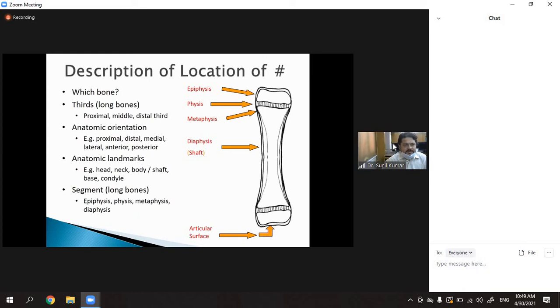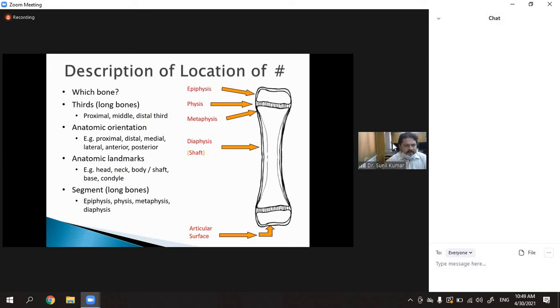First, which bone is involved: humerus, radius, ulna, femur, or tibia. Then which part of the bone, whether proximal third, middle third, or distal third. Proximal is the upper portion, middle the diaphyseal portion, and distal the lower third. And then anatomic orientation: proximal, distal, medial, lateral, anterior, or posterior.